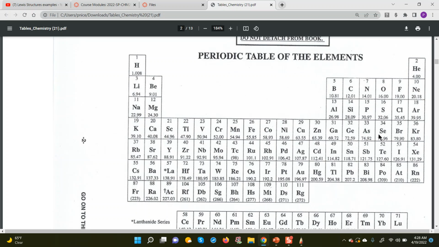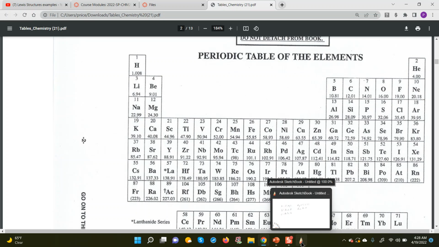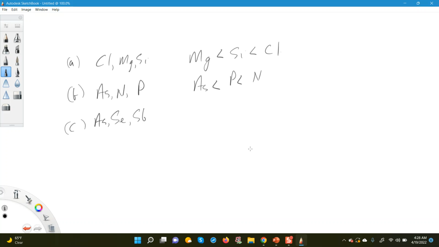And because selenium is to the right of arsenic in the periodic table, selenium would be the most electronegative element.